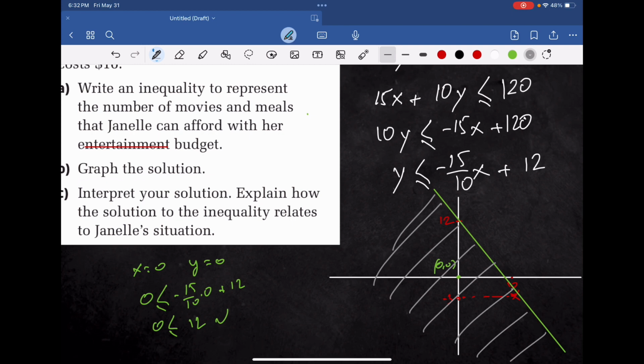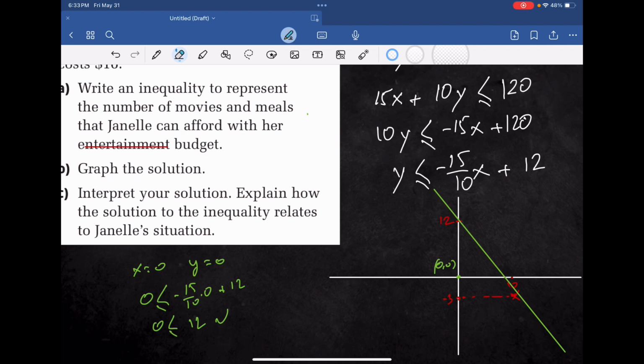However, you need to know something. Because we are dealing with money, we are not dealing with negative stuff. Negative stuff does not exist in money. So we will remove the negative part from our graph. All the negative part will be removed.